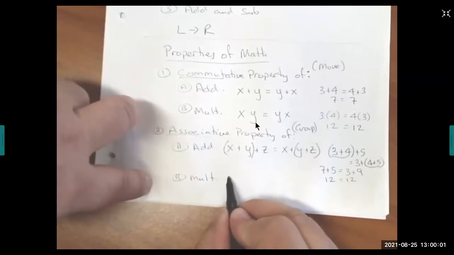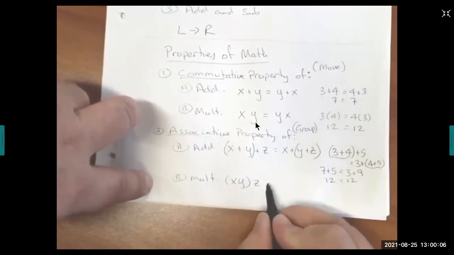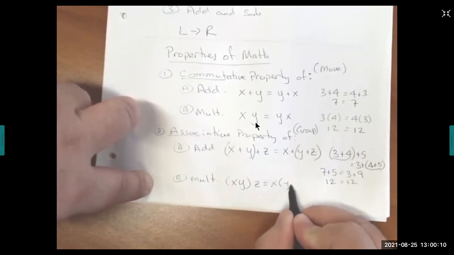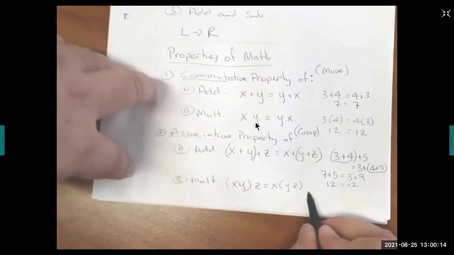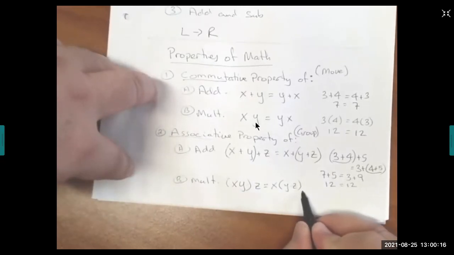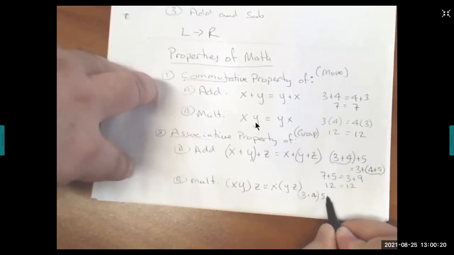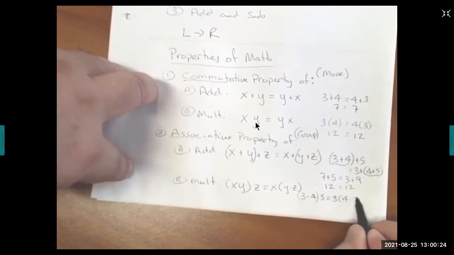So the same property goes with multiplication. (x times y) times z is the same thing as x times (y times z). (3 times 4) times 5 is the same thing as 3 times (4 times 5).